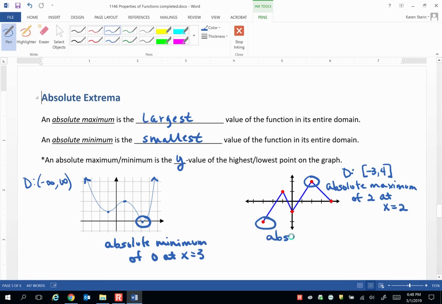So this is an absolute minimum of negative 2 at x equals negative 3. And these other 2 turning points are just local. Here and here we have a local max, and we have a local min.